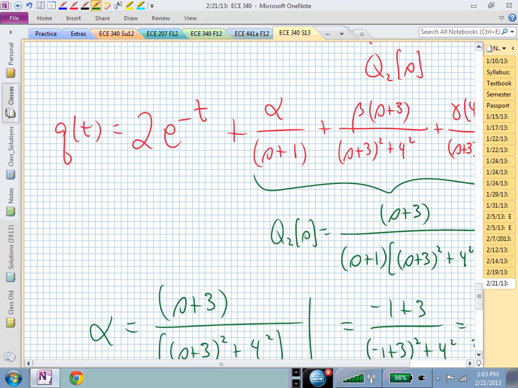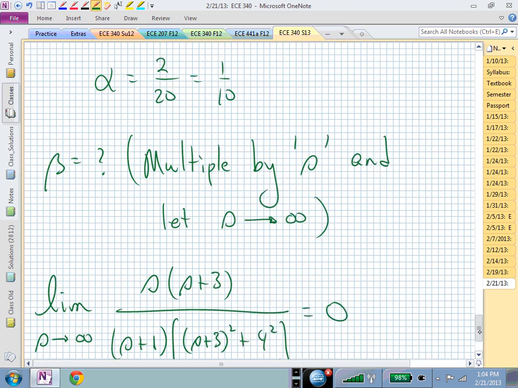Now that's going to equal each of these 3 terms multiplied by s and letting s go off to infinity. If I multiply this first one, alpha over s plus 1, by s, and let s go to infinity, what falls out? I have alpha s over s. Those s's go off at the same rate. I'm just left with alpha. Does everybody see that?